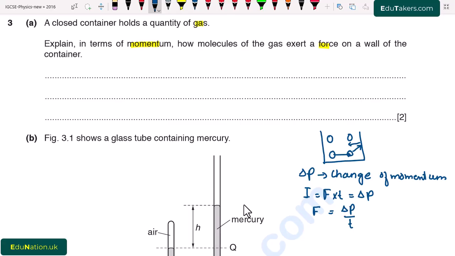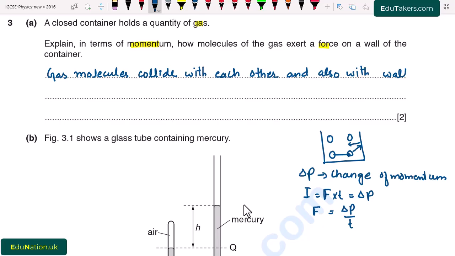So I write here, gas molecules collide with each other and also with walls of container, and then bounce back.